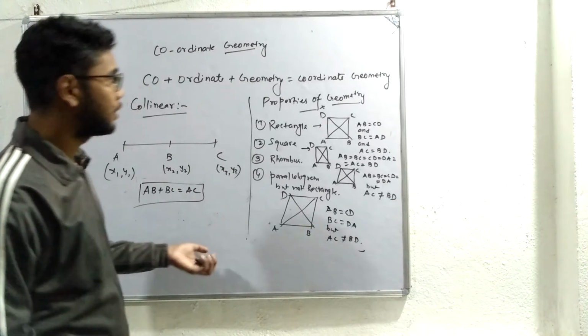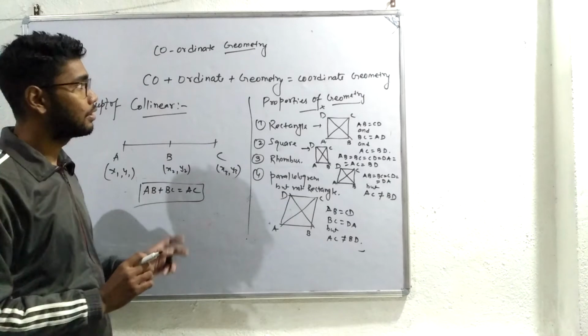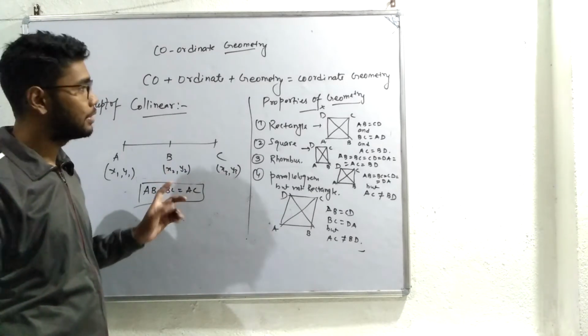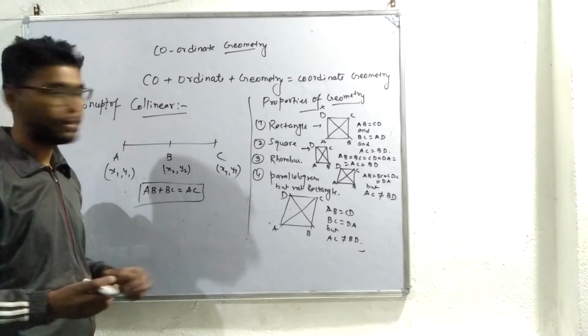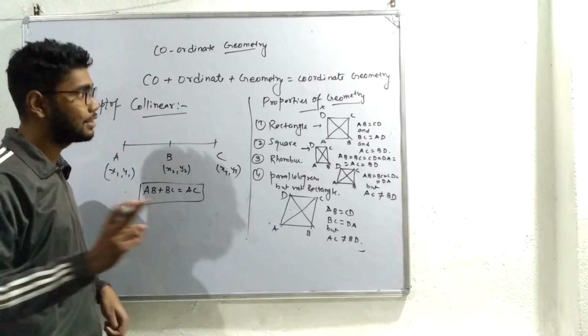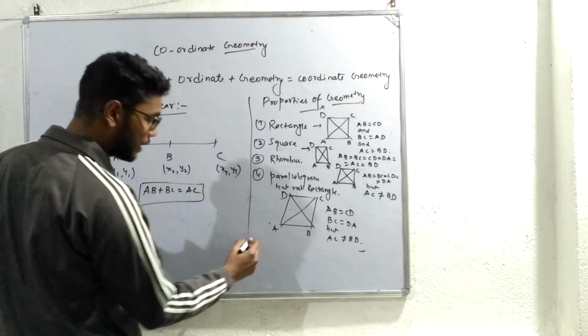So all the main points of the basics of coordinate geometry are finished, but one thing is most important: the area of different types of geometric shapes.